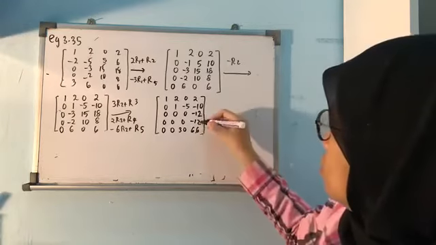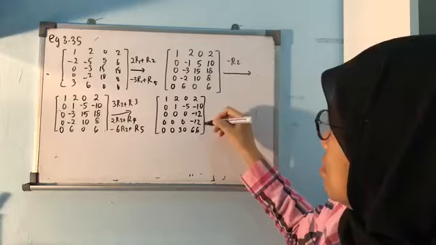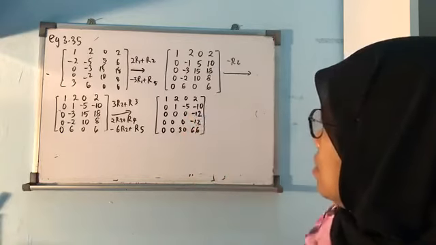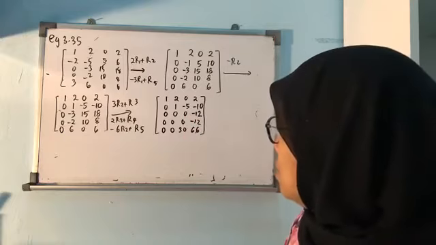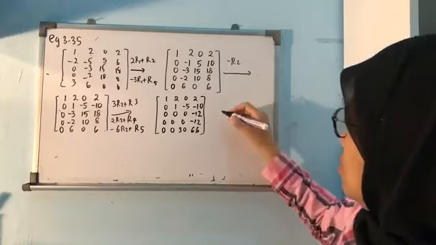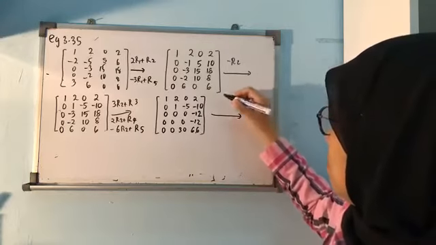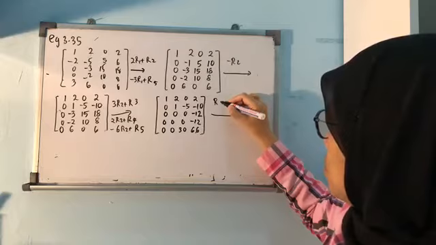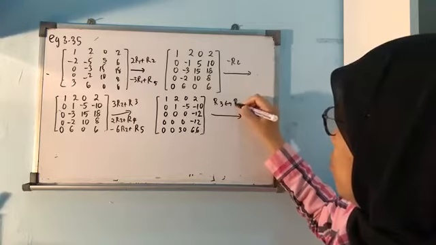Okay, you see these two are the same. And this one you can change here. Okay. So you will see that one more. Row 3 and row 5.